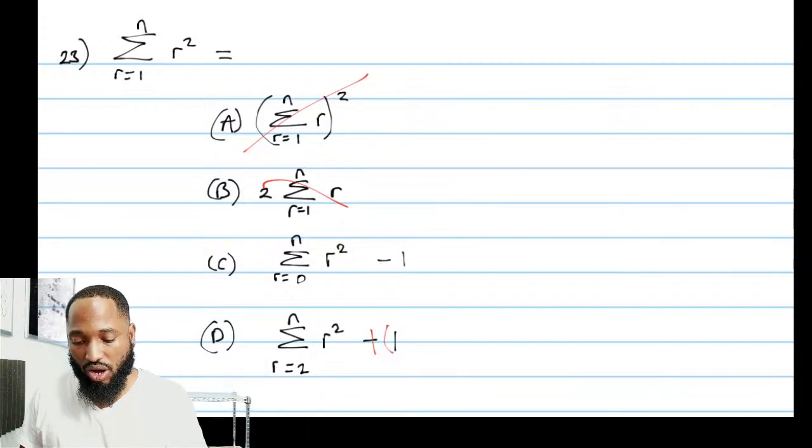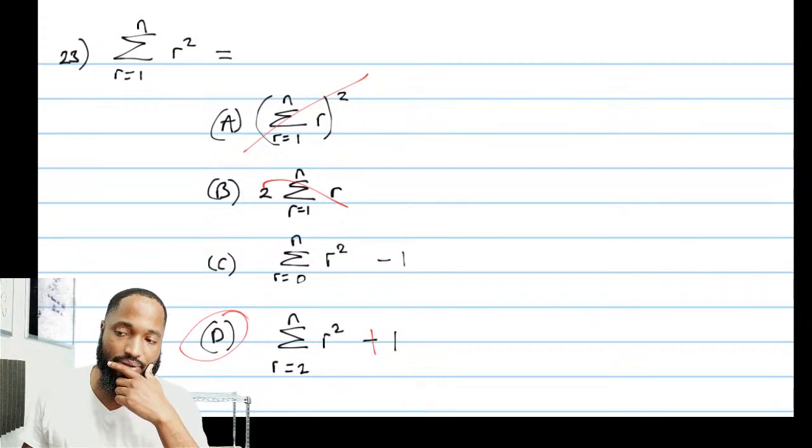It's actually 1 squared, but 1 squared is 1. So in this case I would go with D.